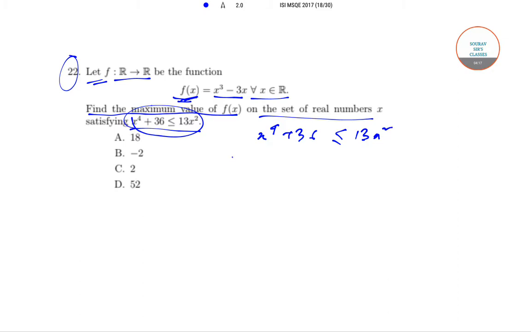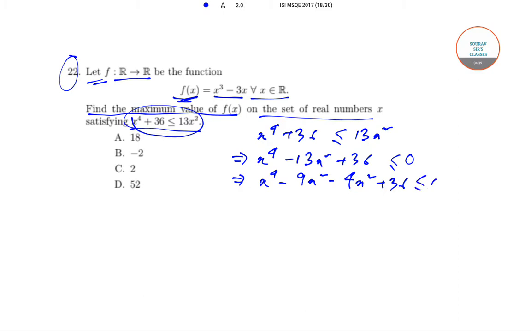So this we can write down as x^4 - 13x^2 + 36 is less than or equal to 0. This implies that x^4 - 9x^2, now we'll try to factorize it, - 4x^2 + 36 is less than or equal to 0.